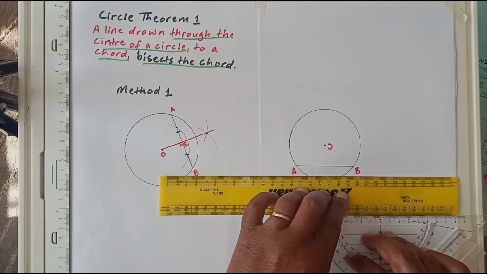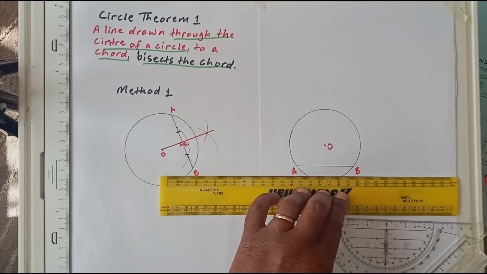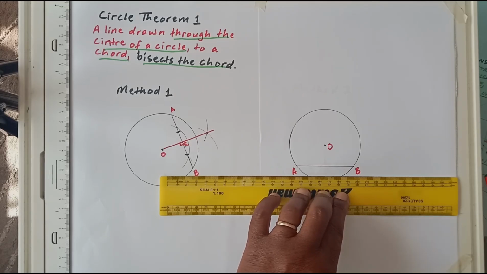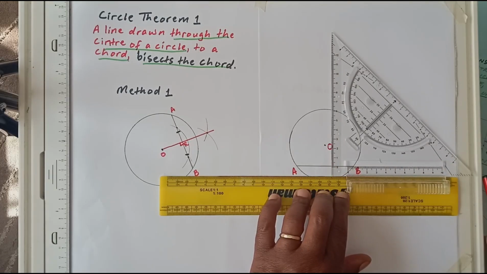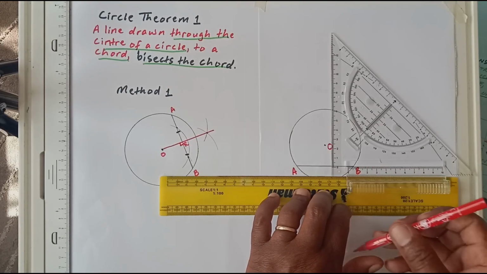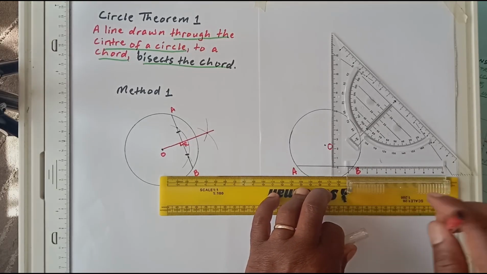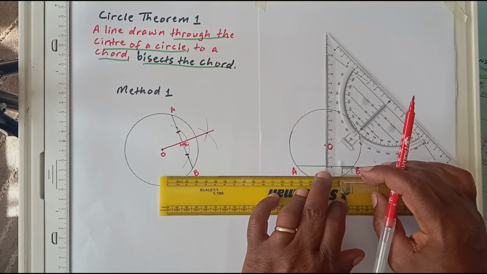So now once the ruler is in position, I can press it in position and I'm free to move the set square. Because the set square has an angle of 90 degrees, I'll be able to use it to draw a line at 90 degrees to the chord.